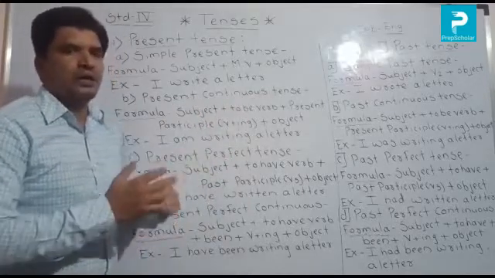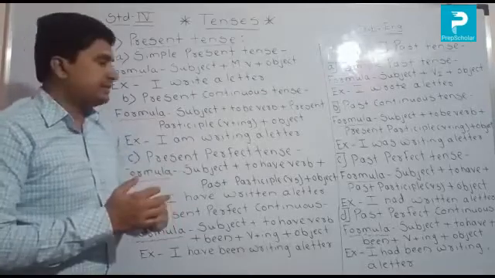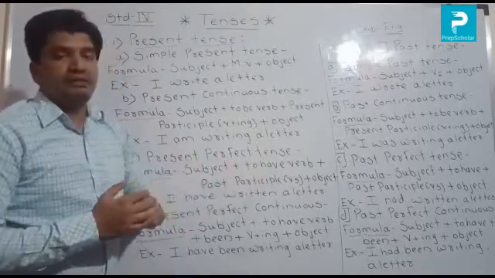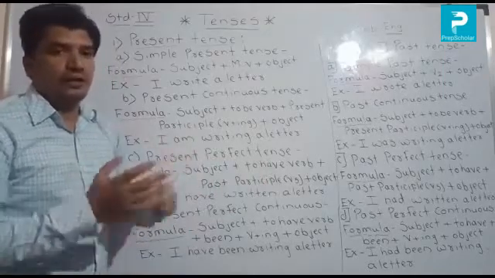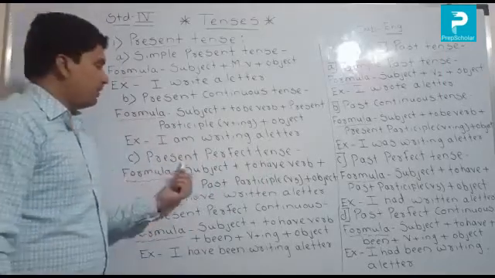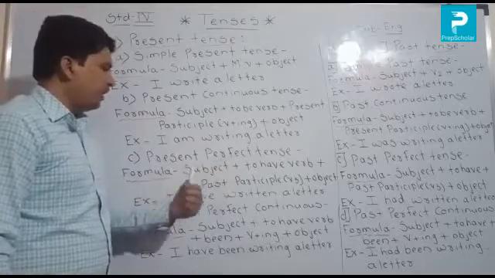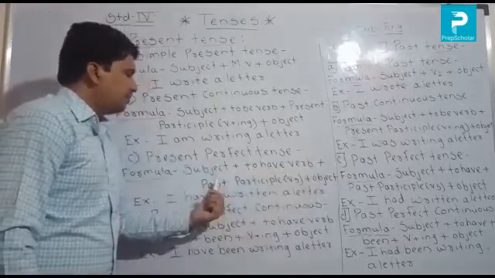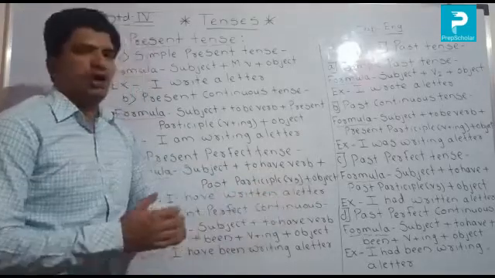Okay, then our third subtype of present tense is present perfect tense. Present perfect tense म्हणजे पूर्ण वर्तमान काळ. So what is the formula of present perfect tense? Look here, formula: subject plus to have verb plus past participle V third plus object.